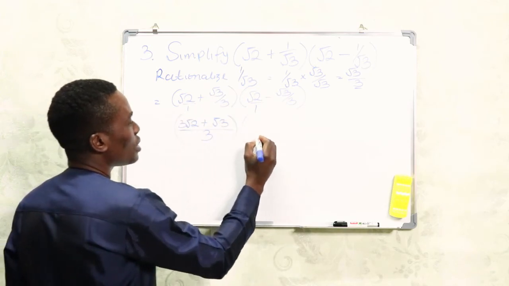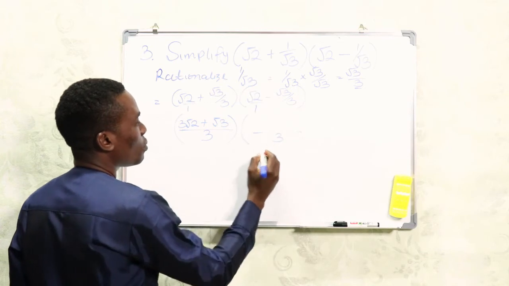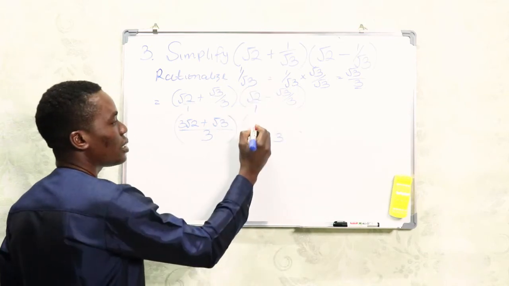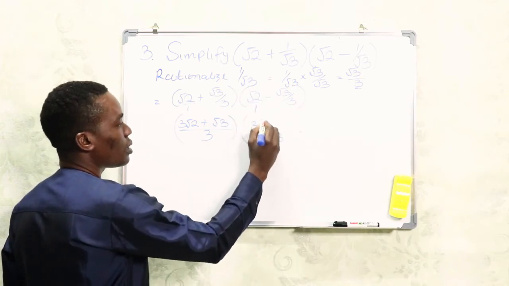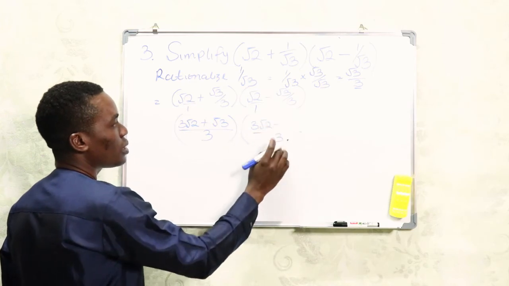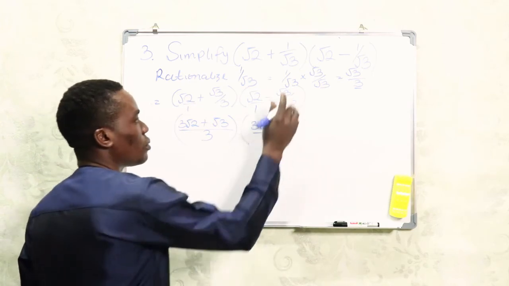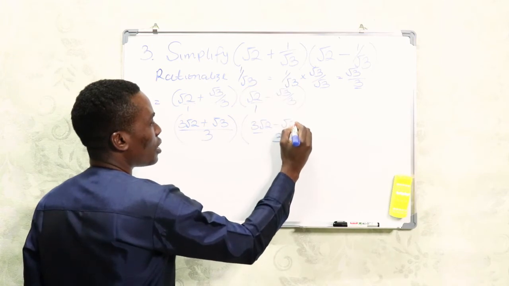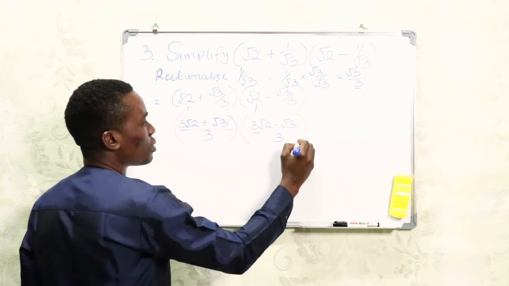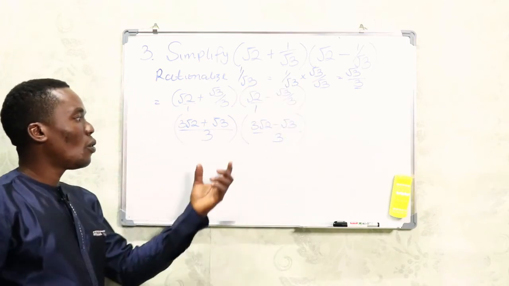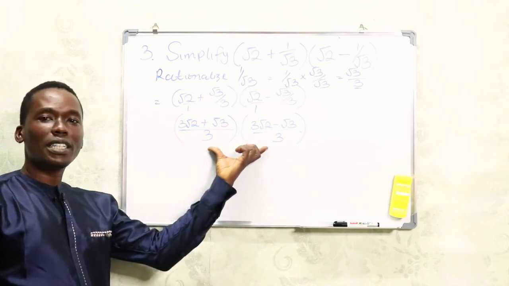Now I want to multiply the same thing here, 3 into bracket. 3 divided by 3 is 3, multiplied by this will give you 3 root 2 minus 3 divided by 3 is 1, multiplied by this, that will give you root 3.